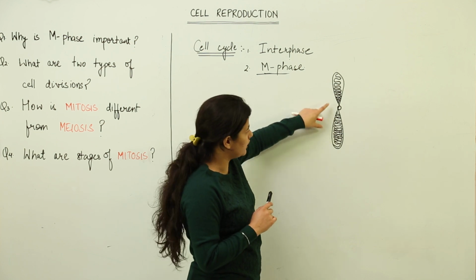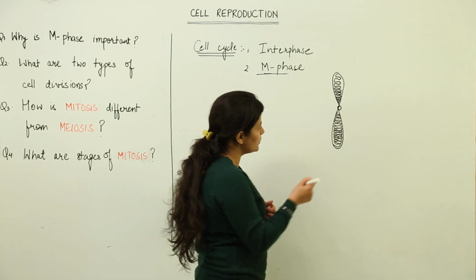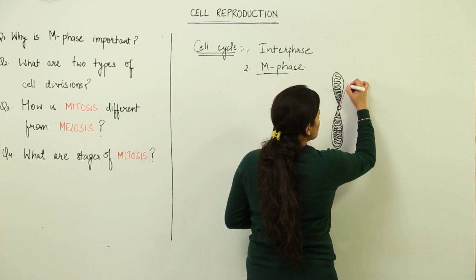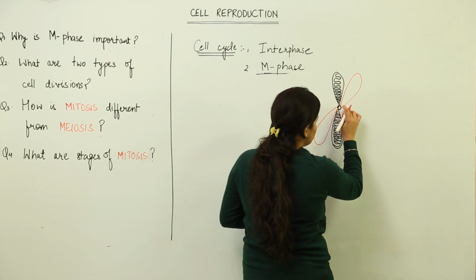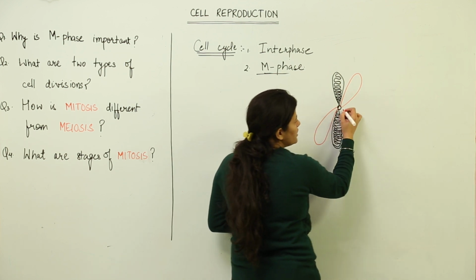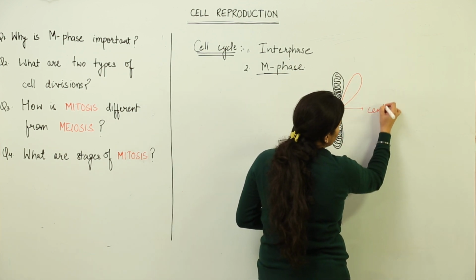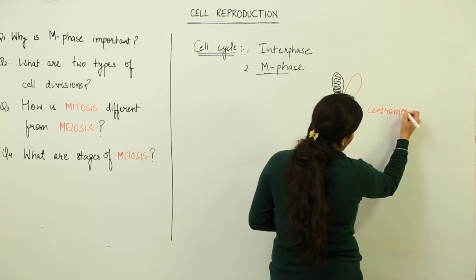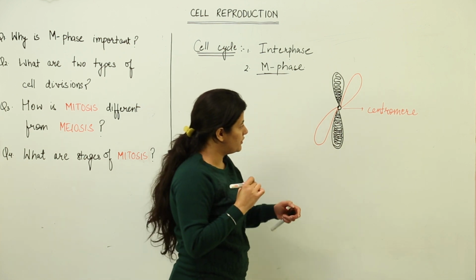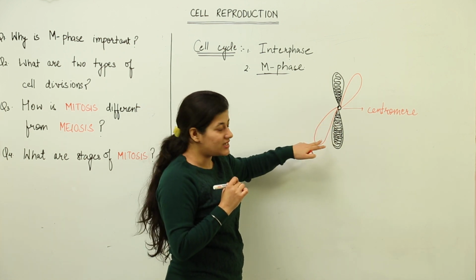So after S phase, what would happen? A similar chromosomal material would be formed in close proximity to this, attached at a point known as the centromere. This structure of chromosome and its parts you have done in your previous classes, but over here see it in context of DNA.